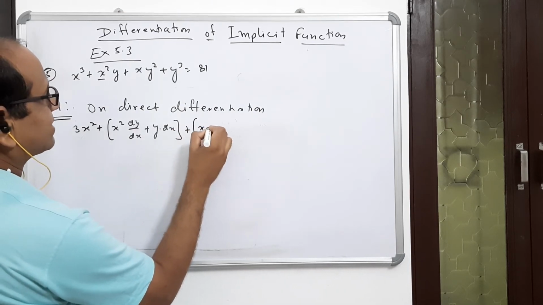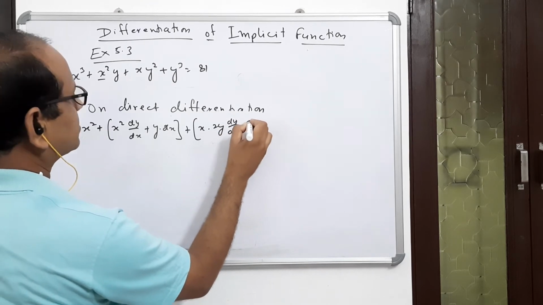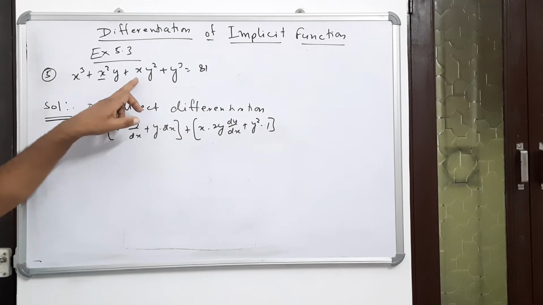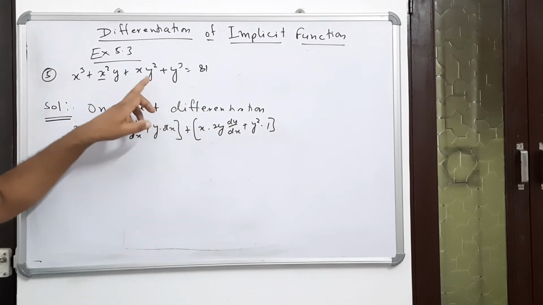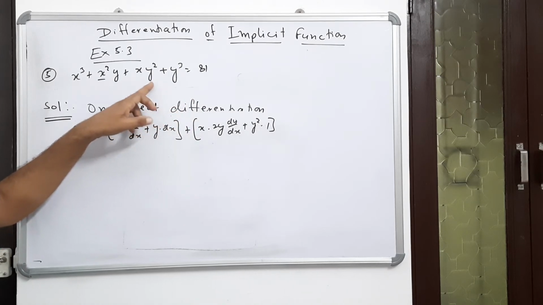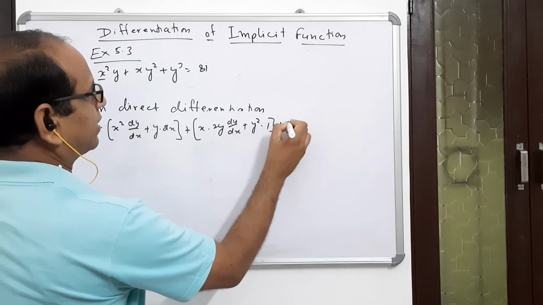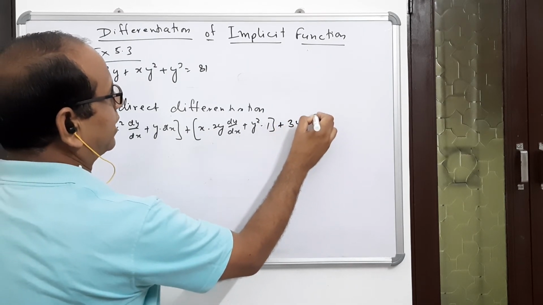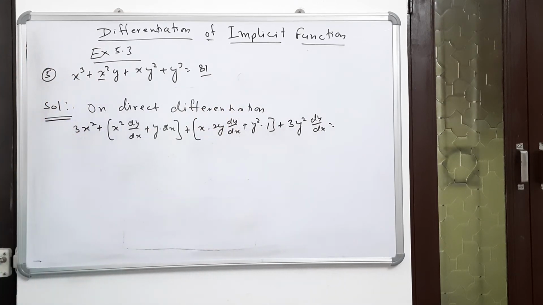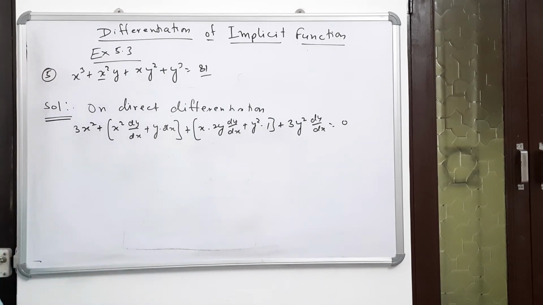So it is x times 2y dy by dx, that is the product rule, plus y square dot 1. Here x is constant and the derivative of y square is 2y dy by dx, plus y square is constant and the derivative of x is 1. And the last part is 3y square dy by dx. And the derivative of 81 or 100 or 200, whatever, is 0.